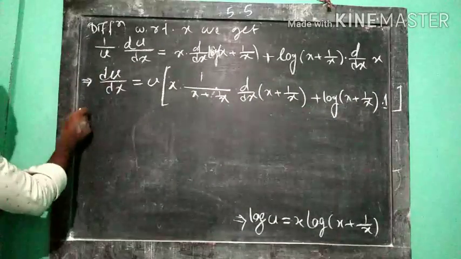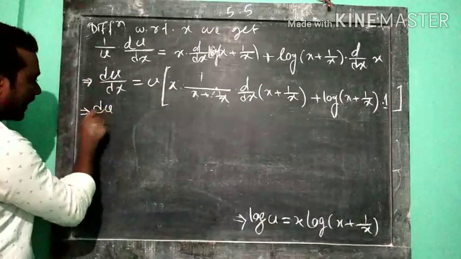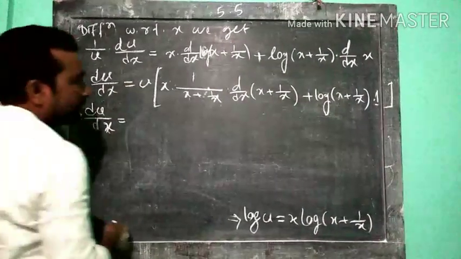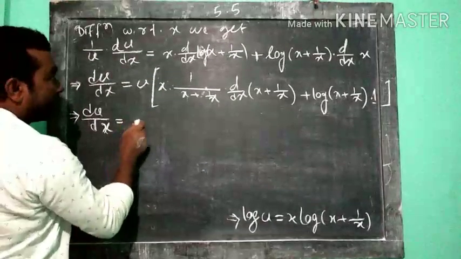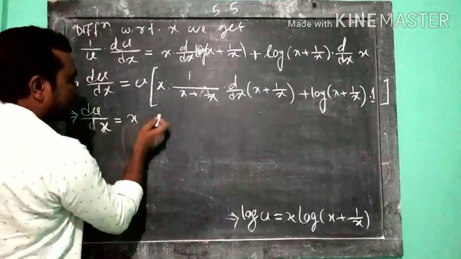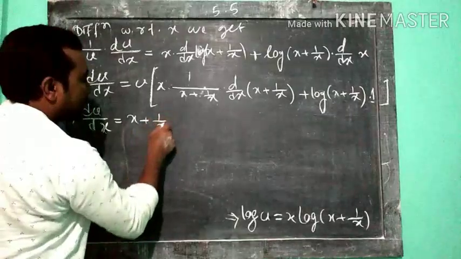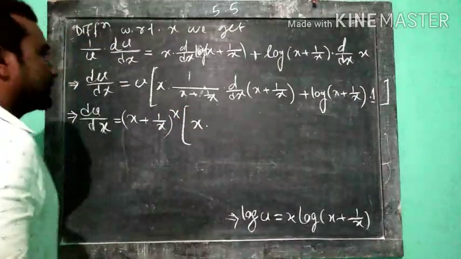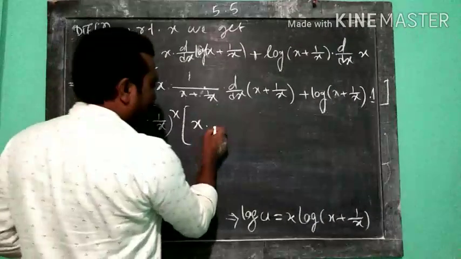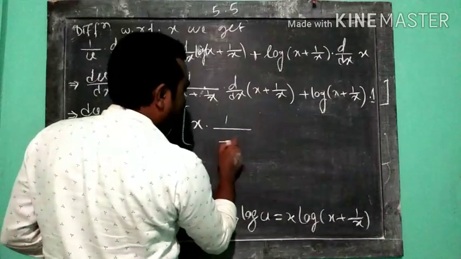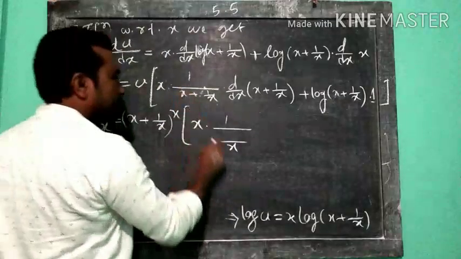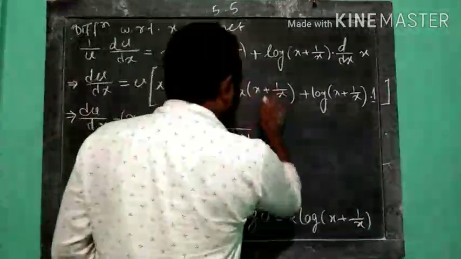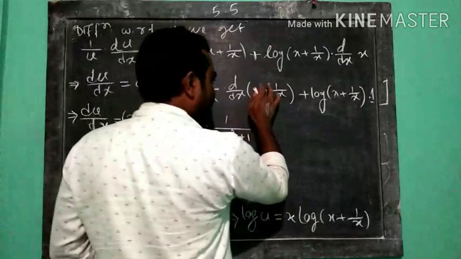So that implies du by dx equals u, which is (x plus 1 by x) whole to the power x, into x into, taking LCM, x square plus 1 over x, into d by dx of x, which is 1.